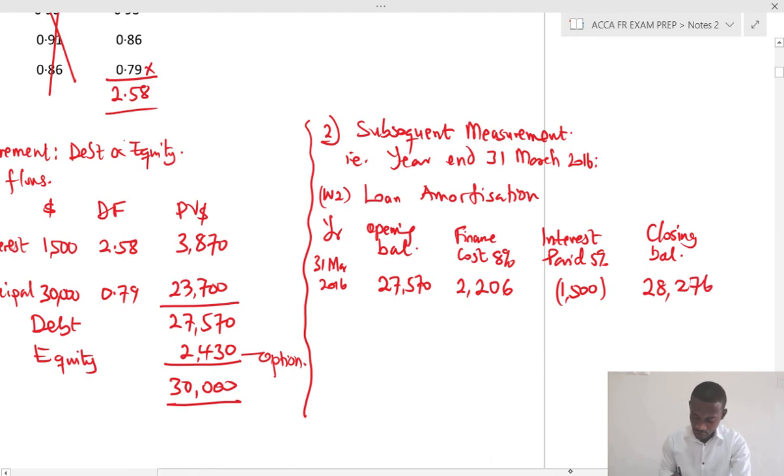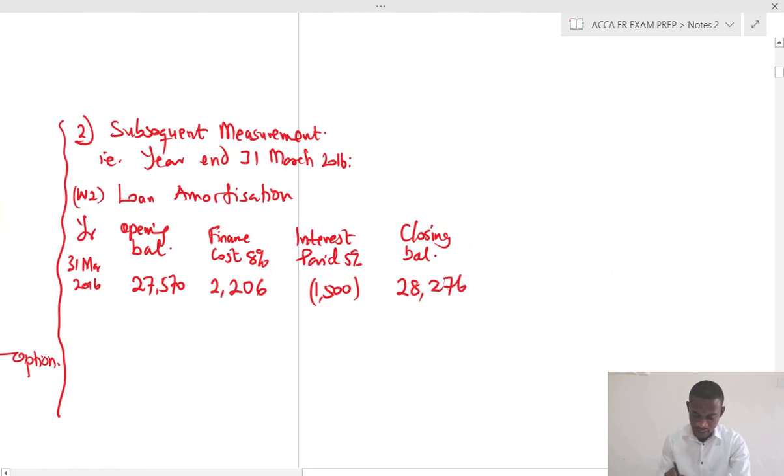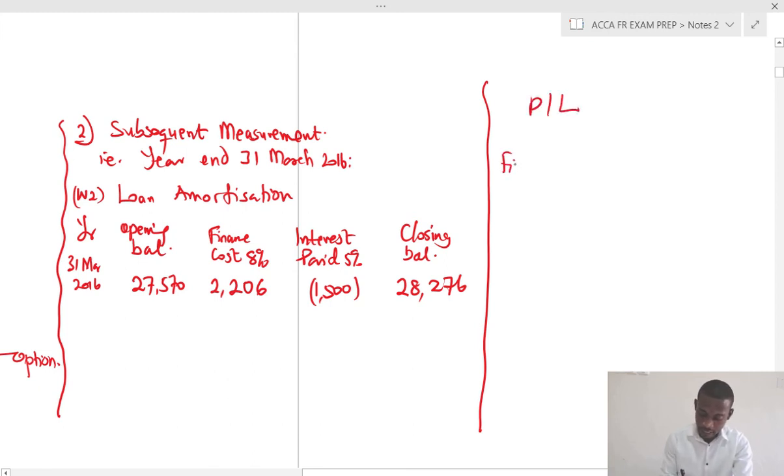28,276. So in illustrating this on the face of the financial statements, in P&L, we would have finance cost, which is, let's say all of these are in thousands, 2,206.